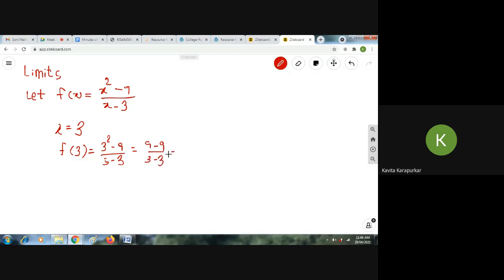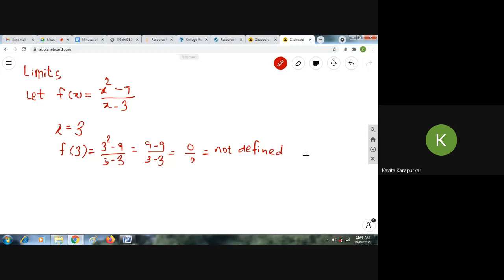So it becomes 0 upon 0, which is not defined because division by 0 is not defined. So when I take x is equal to 3, the given function is not defined at that point.